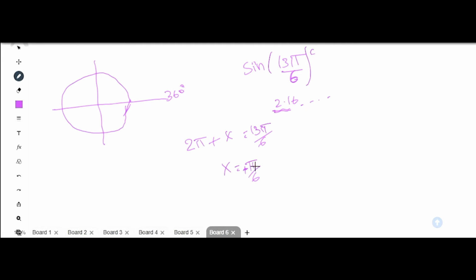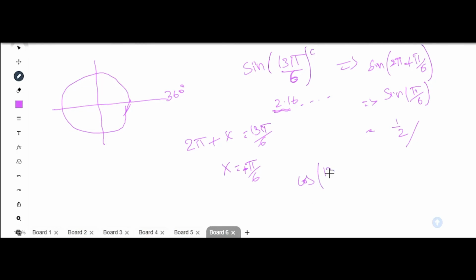So this is equivalent to sine of 2 pi plus pi by 6, which is nothing but sine of pi by 6, that is 1 over 2. Very good.